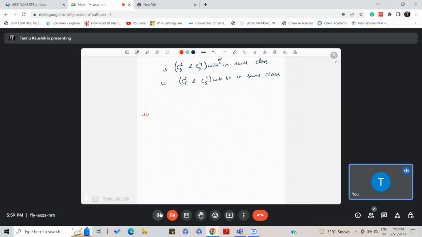So based on that, we can say that subsidiary C2 axis of rotation with different symmetry effect will be in the separate classes.